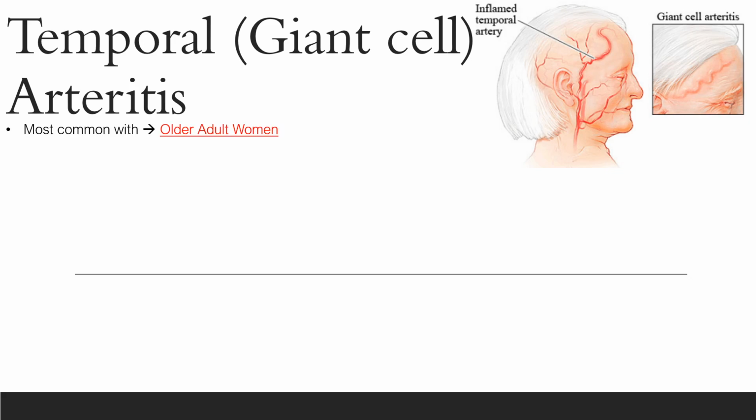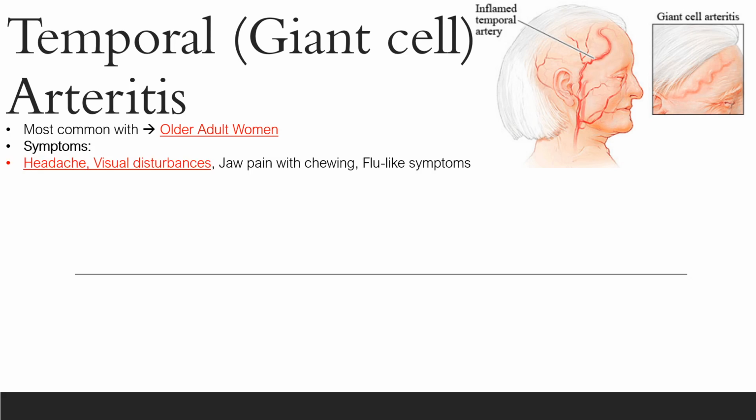And headache is one of the very common symptoms associated with this. It's most commonly seen in older adult women. In addition to the headache, you'll have visual problems and often pain with chewing and even flu-like symptoms.